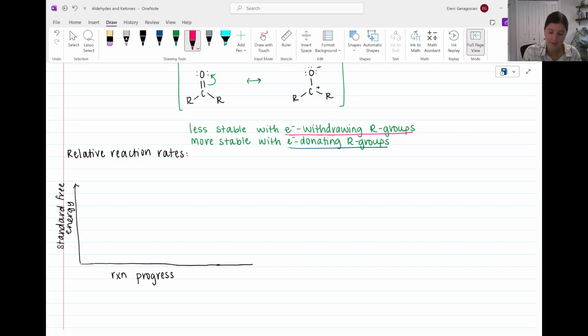So if we have electron withdrawing R groups, then our starting material, the aldehyde or ketone, will start at a higher energy. Actually, let's just go ahead and split this into two reaction coordinate diagrams. We'll do one for electron withdrawing and one for electron donating.